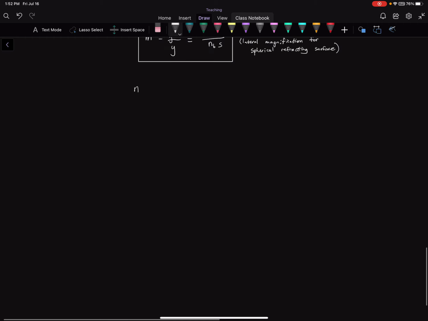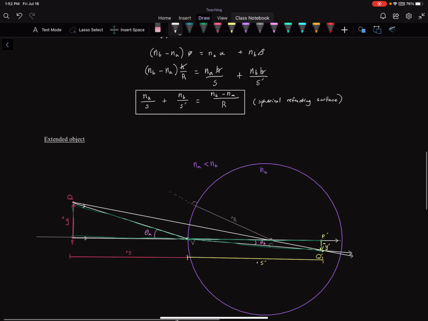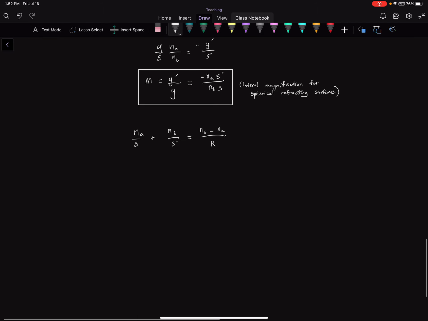NA over S plus NB over S prime is equal to NB minus NA over R. Let me verify that's right. Yes. All right, so those are our two relations, and we're going to now consider taking r goes to infinity, which means plane surface.